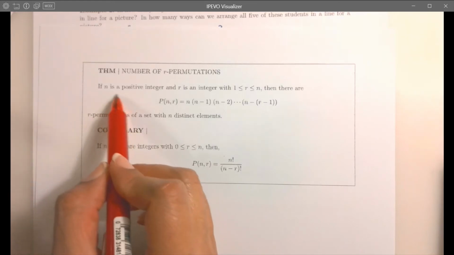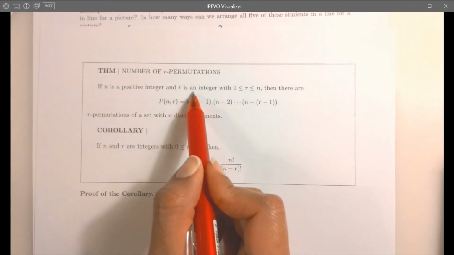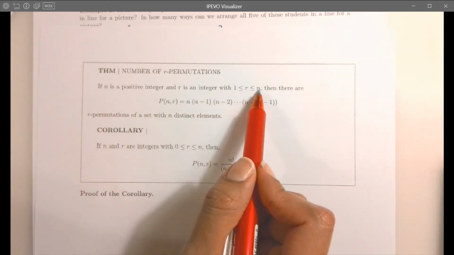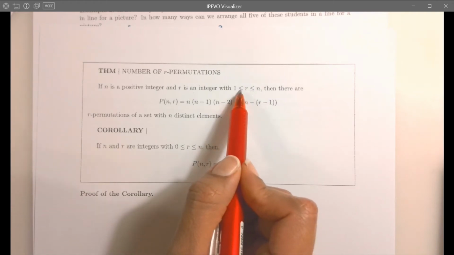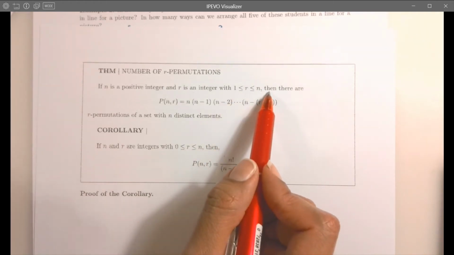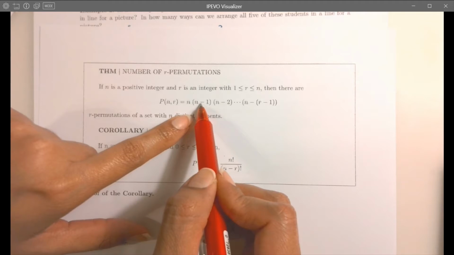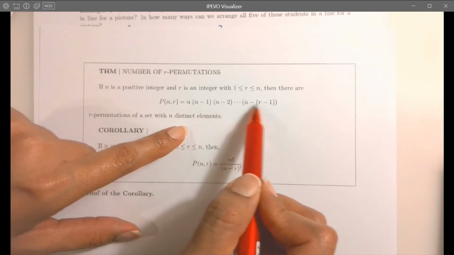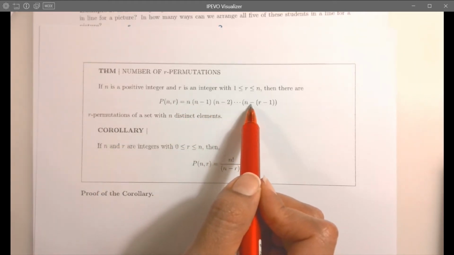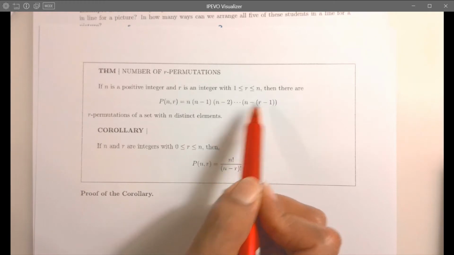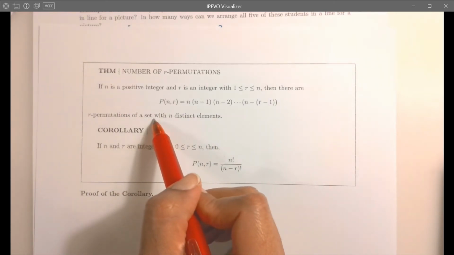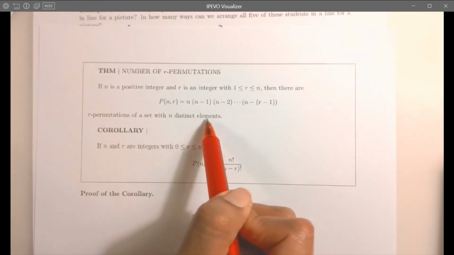It reads, if n is a positive integer and r is an integer that is less than or equal to n but greater than or equal to 1, then there are n times n minus 1 times n minus 2 all the way down to n minus r plus 1 r-permutations of a set with n distinct elements.